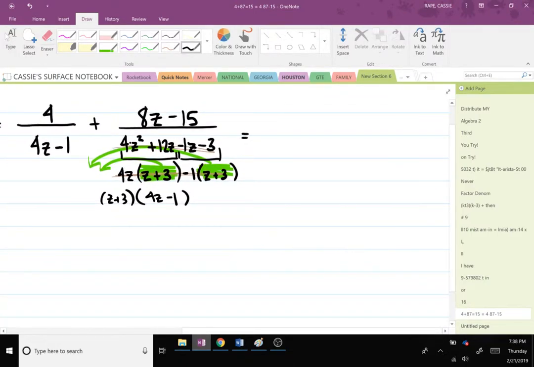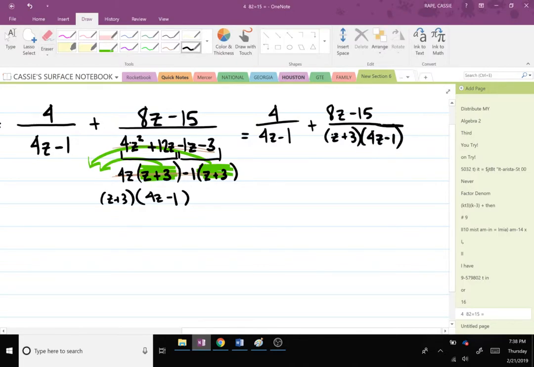as 4 over 4z minus 1 plus 8z minus 15 over that factored to z plus 3 times 4z minus 1. Now you play the game of I have, who has, to determine what is the common denominator. So here I've got a 4z minus 1 on the left-hand side and a 4z minus 1 on the right-hand side. That's good.